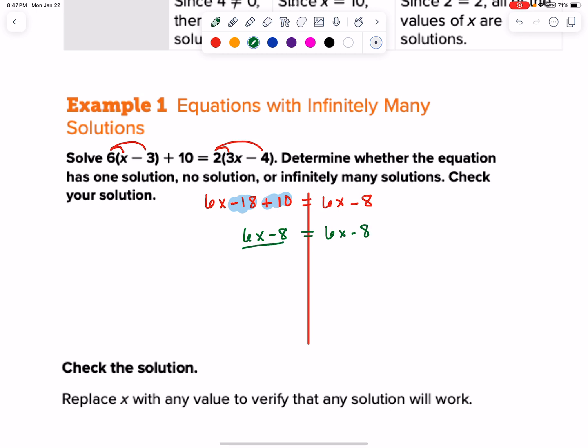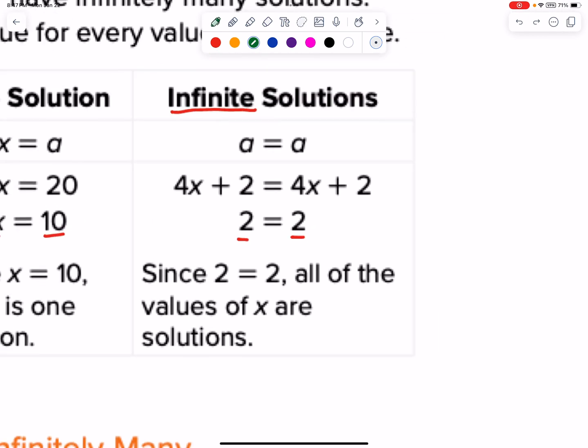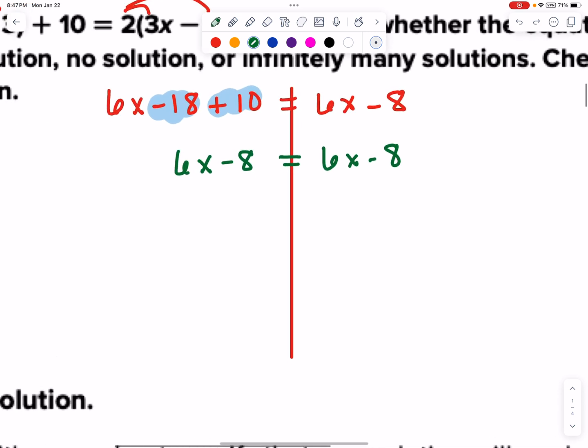And you can see these are exactly the same expression on both sides of the equation. So obviously, just like this, it's going to end up creating an infinite amount of solutions, because I would go ahead and minus 6x to both sides. And I am then left with negative 8 equals negative 8.